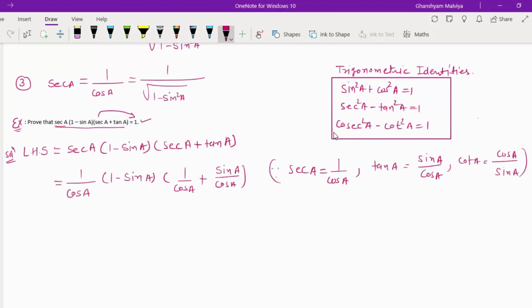Some of the things you have to remember. Now what can you do? Finally, we want the answer 1. So we have to observe what we can do here.